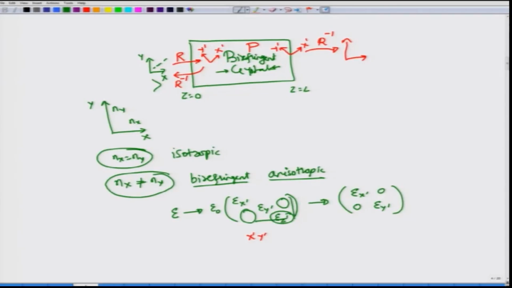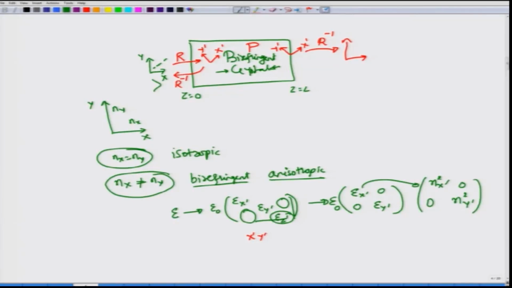So, what we usually think of as epsilon, a simple material constant in our usual courses, turns out not to be a constant but rather a more general quantity called a tensor, and in the context of birefringent materials, this tensor can be represented in matrix form in this fashion. And of course, epsilon x prime is actually n x prime squared, because the relative permittivity is given by the square of the refractive index.